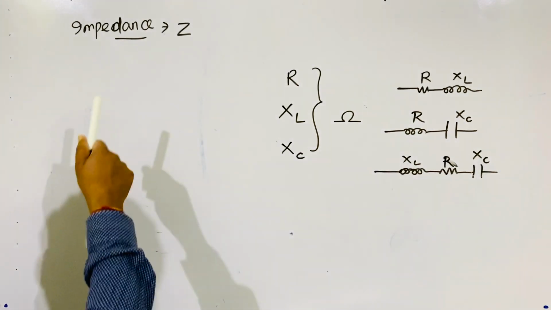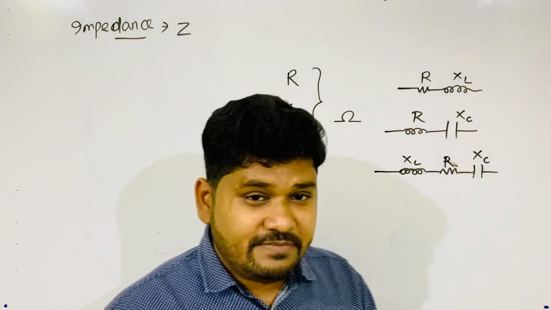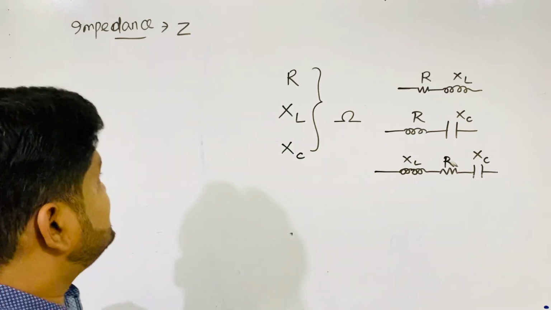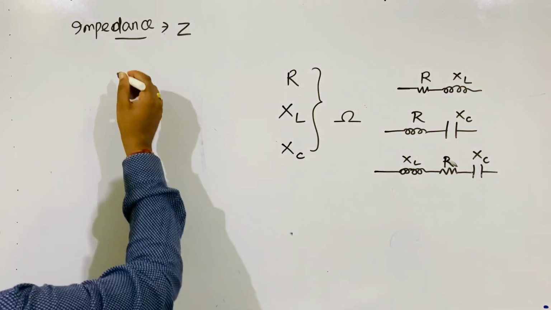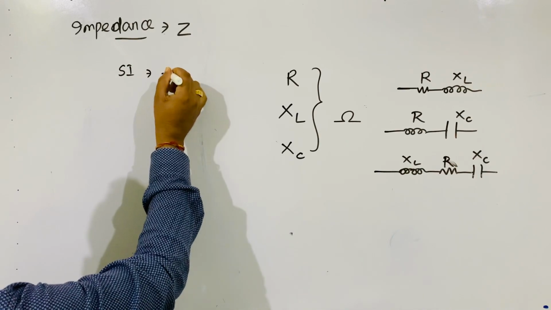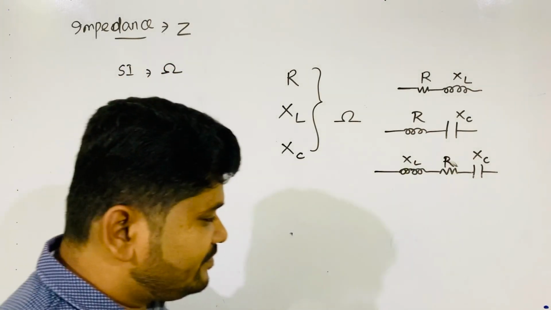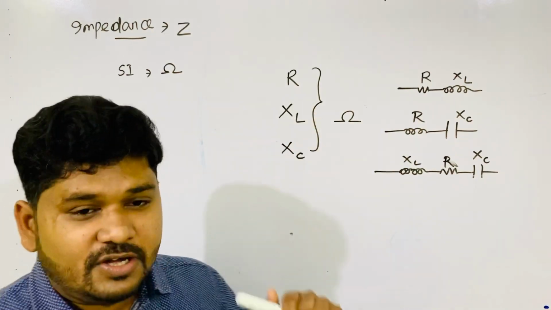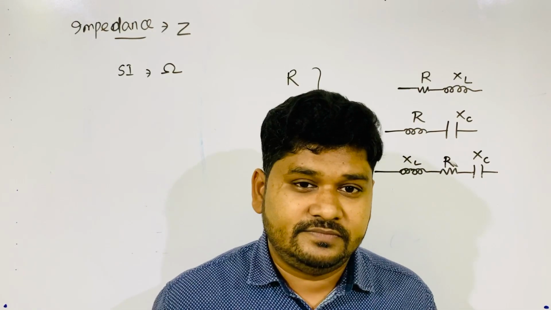So this is impedance, a new term added to your physics dictionary. Its SI unit is ohm, the same as the others.